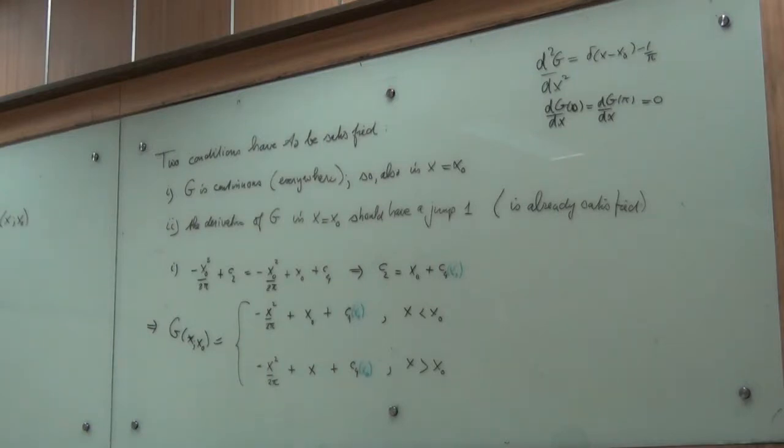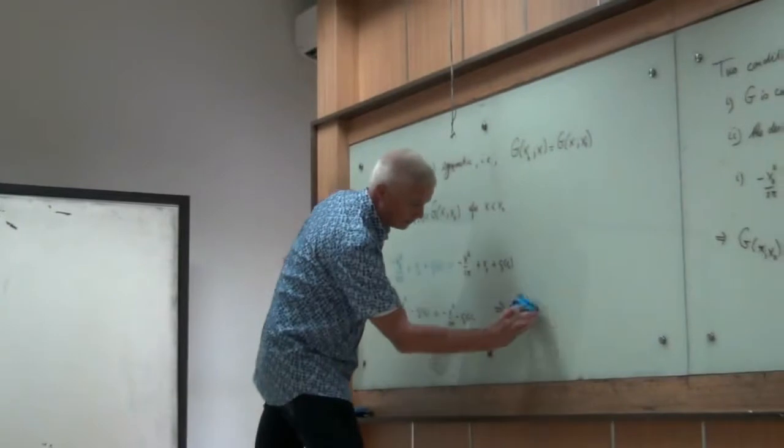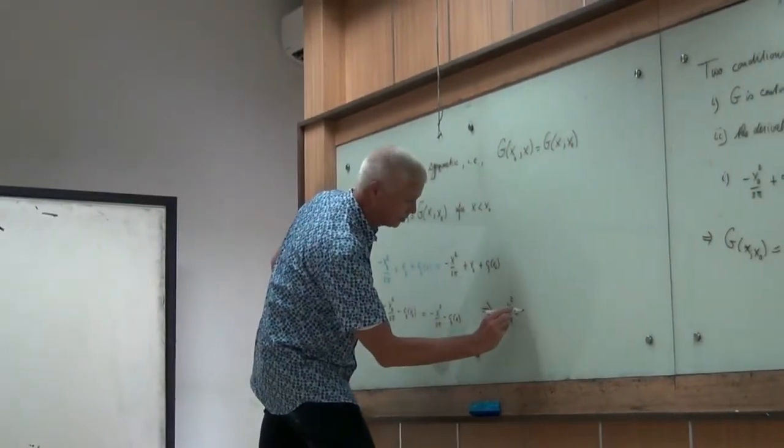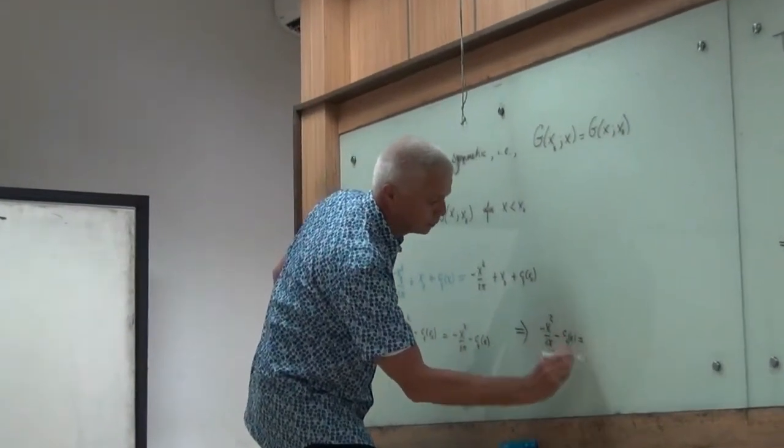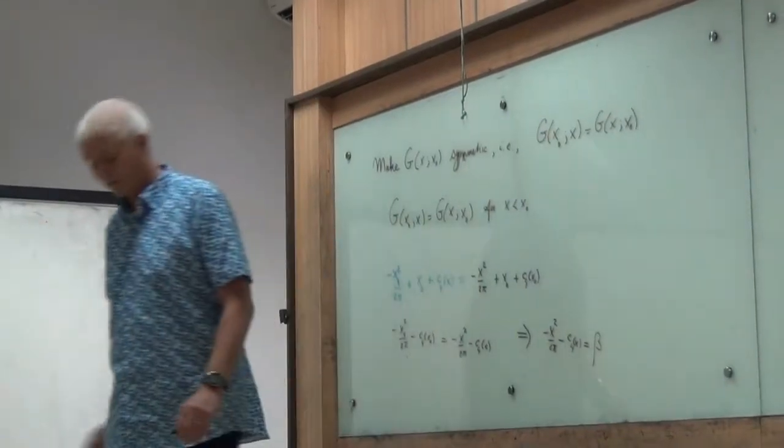When are two functions equal to each other? If they are independent variables, if they are equal to a constant. So the solution is minus x squared over 2 pi plus minus c4x should be constant.